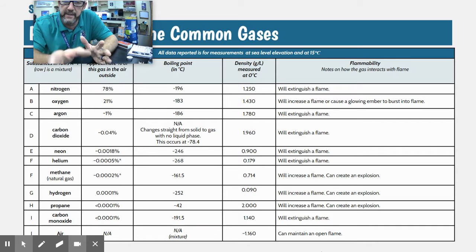So all these other things are gases at temperatures that we live in. And carbon dioxide, it says, changes straight from a solid to a gas with no liquid phase. And this occurs at minus 78 degrees Celsius. 78.4, excuse me, be more precise.